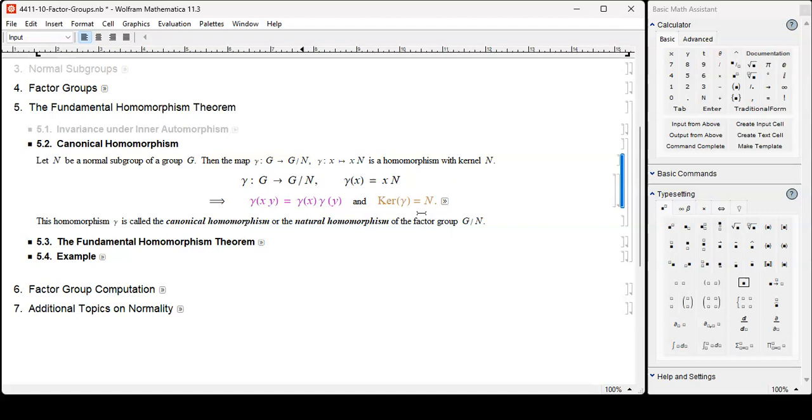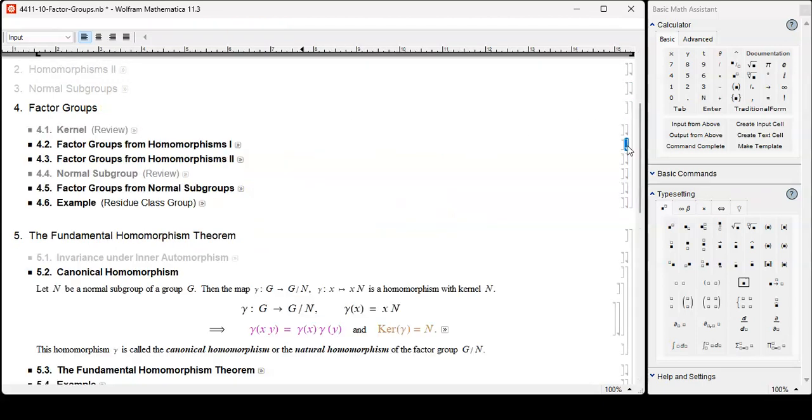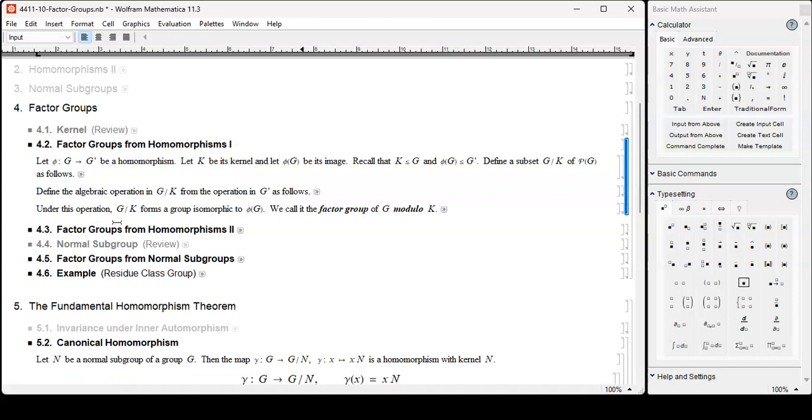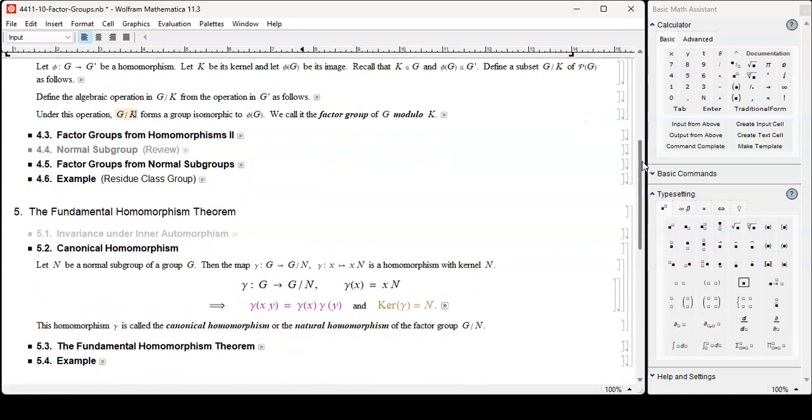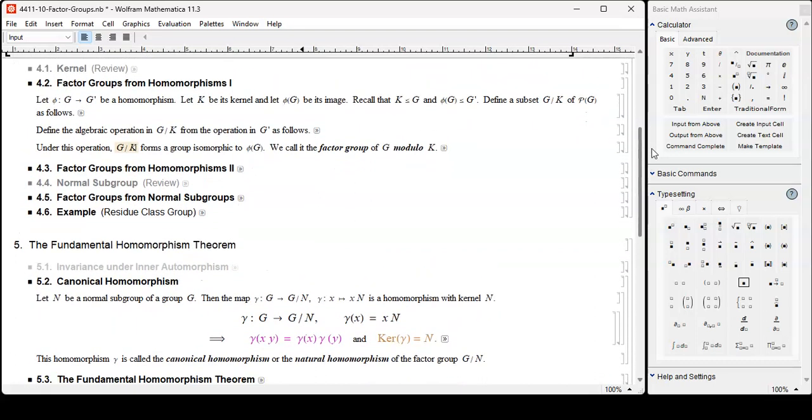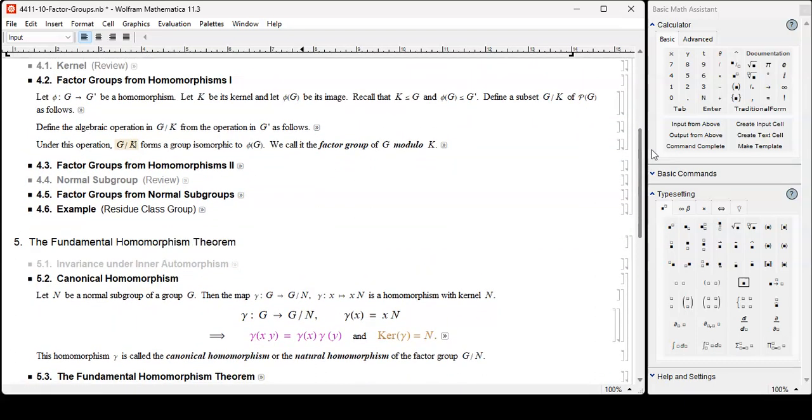One comment here. Through this canonical homomorphism, we ended up getting this normal subgroup N, which is an arbitrary normal subgroup, as a kernel. So, can we use this to go back to 4.2 and define the factor group accordingly as a kernel? The answer is actually no, you can't do that.